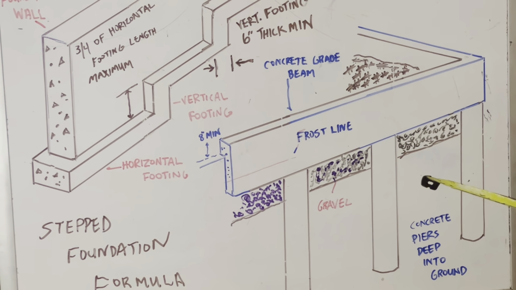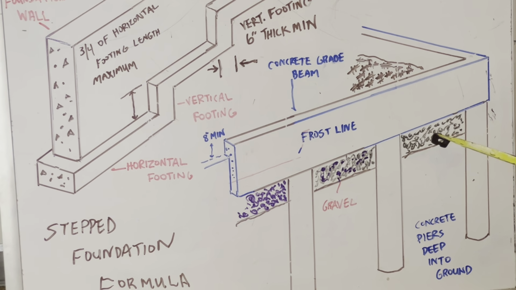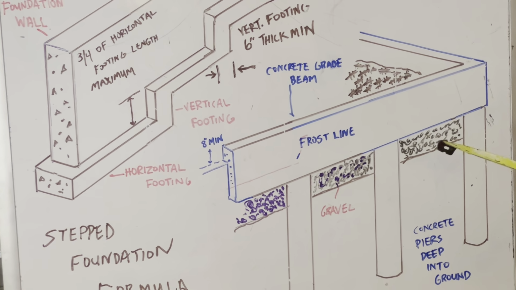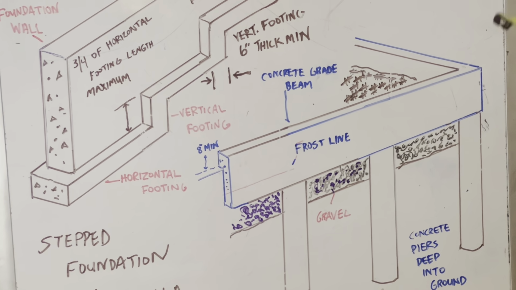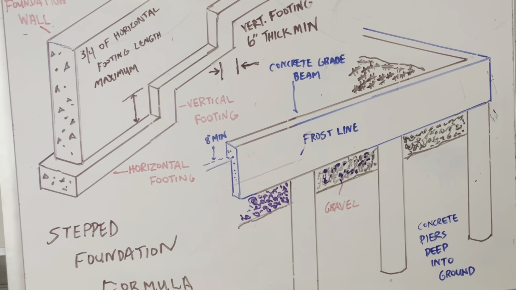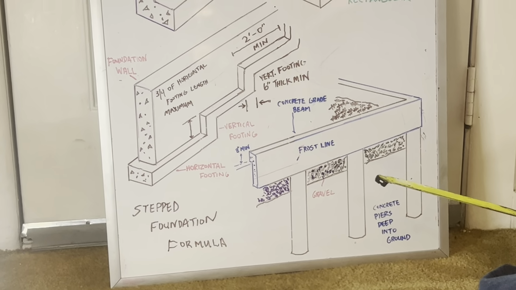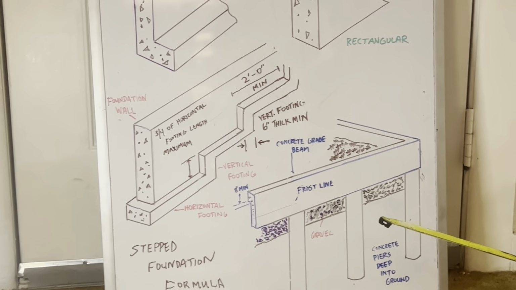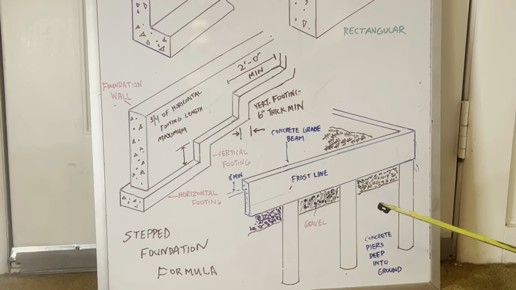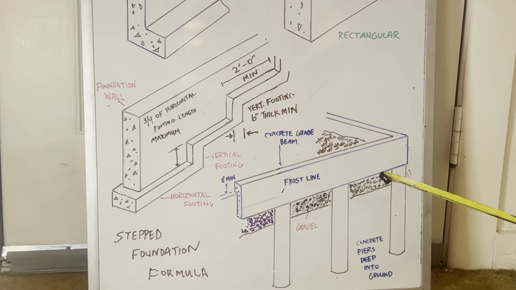Anytime you have gravel, I always think about that's my capillary break. Because your gravel is going to have those macro pores, or large holes or voids, that won't allow capillary action to take place. Our concrete is going to have smaller voids in it.